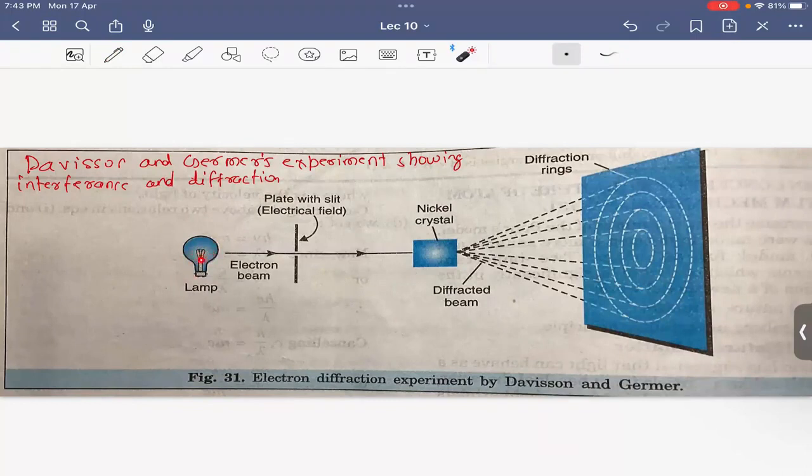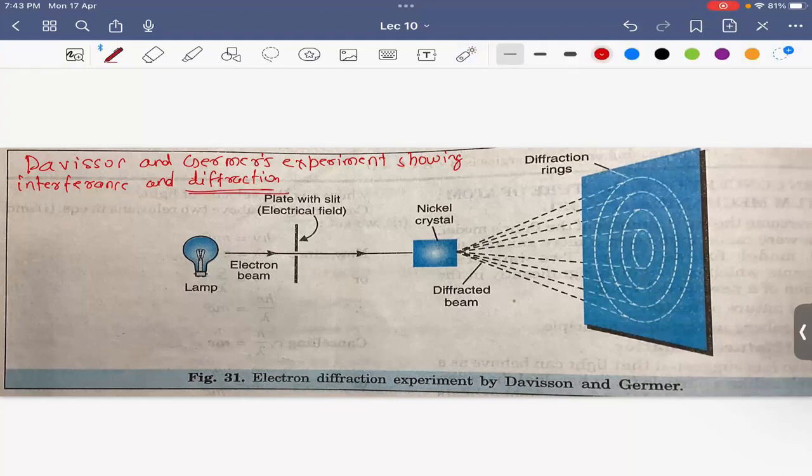This is the tungsten filament, and a beam of electrons was ejected from here, right? Under the influence of a strong electric field so as to accelerate the speed of electrons. When these electrons were made to strike against the nickel crystal, concentric dark and bright fringes were observed, right? These are the dark and bright fringes which were observed. These rings were called diffraction rings, and the phenomenon was called diffraction.